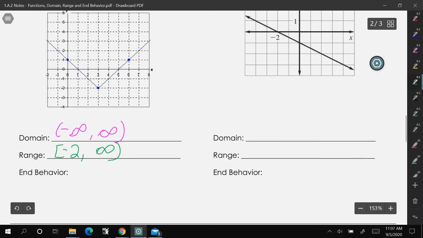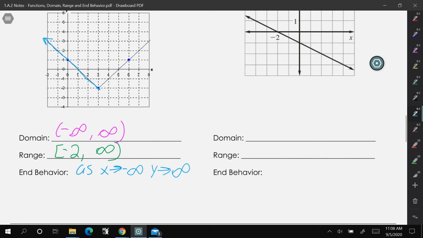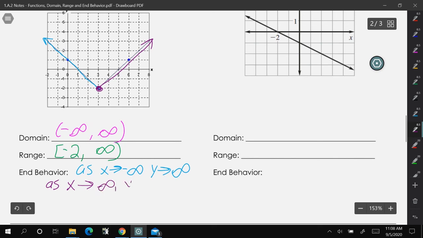Now the end behavior, if we look at the left side, it is going up. So as x approaches negative infinity, that means left side, y approaches infinity. The right side is also going up. So as x approaches infinity, y approaches infinity, which means y is going up.